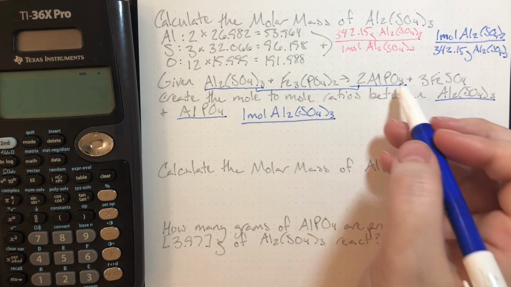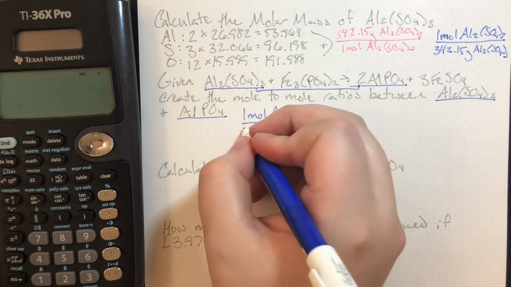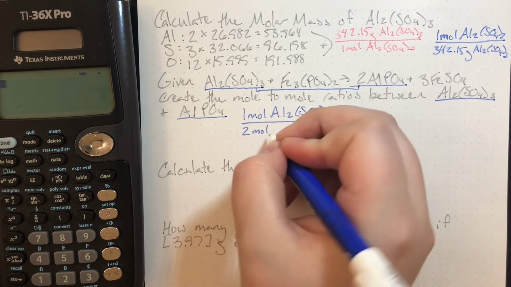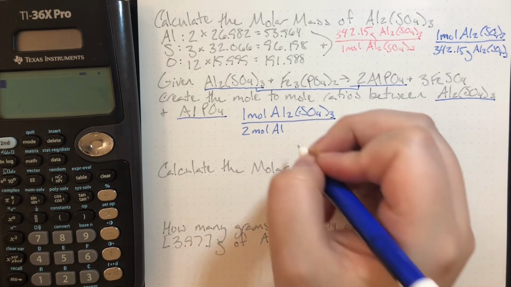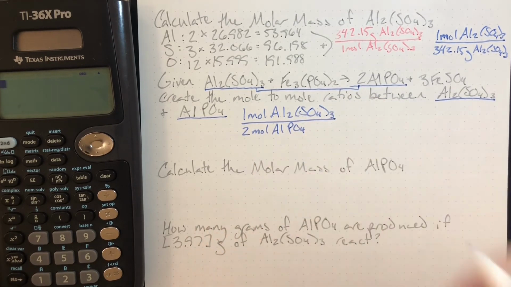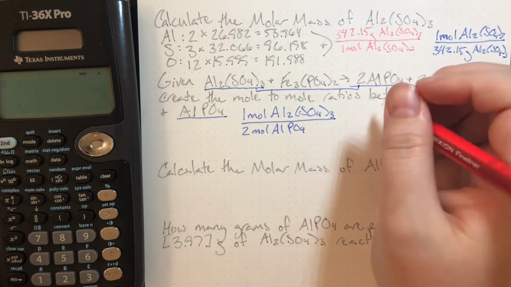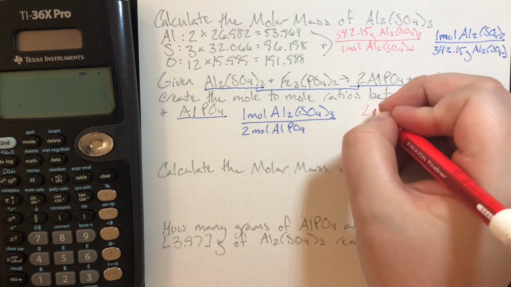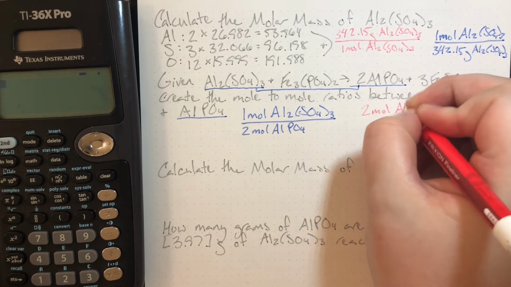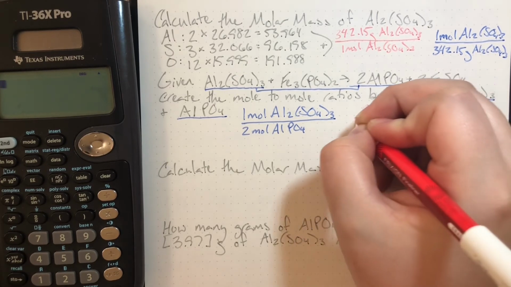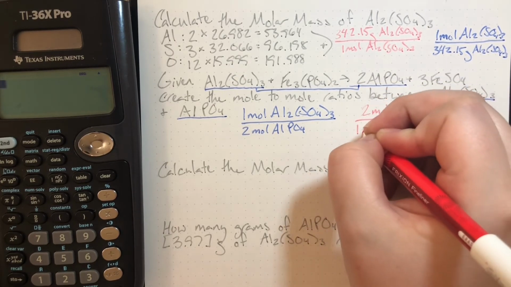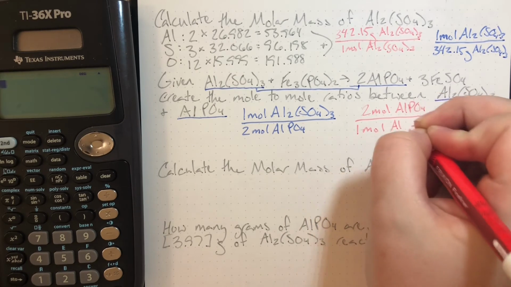The coefficient in front of aluminum phosphate is 2, so I will write 2 moles aluminum phosphate. Then, since this is a conversion factor, I will write them as the reverse. And I will say for every 2 moles of aluminum phosphate, there is 1 mole of aluminum sulfate.